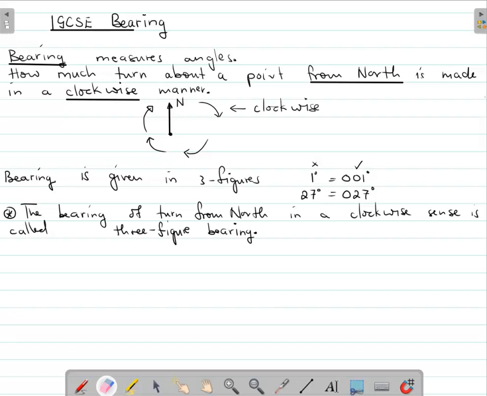Now, the key thing that you need to understand next is the angles associated with directions.